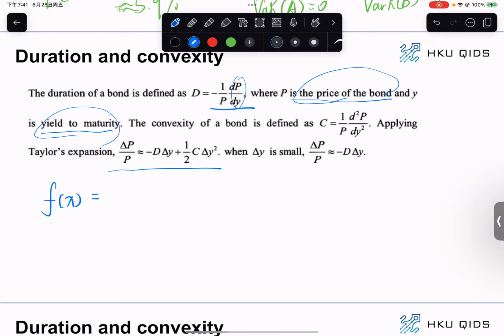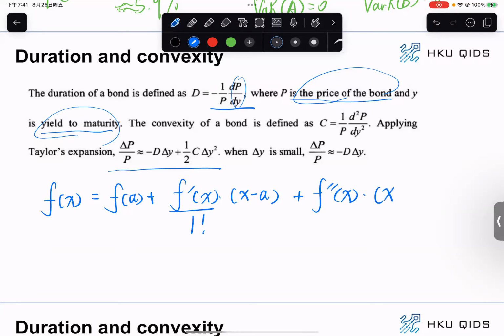For Taylor expansion, f(x) is going to be f(a) plus the first derivative multiplied by (x minus a) over 1 factorial, and the second derivative times (x minus a) squared over 2 factorial, right? If we move terms, f(x) minus f(a) is going to be what?